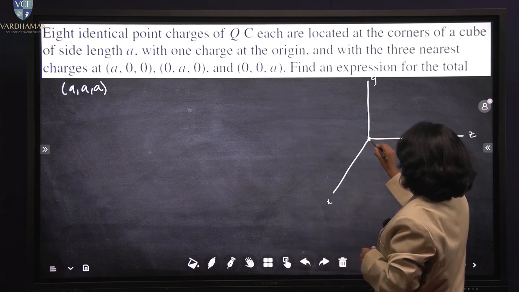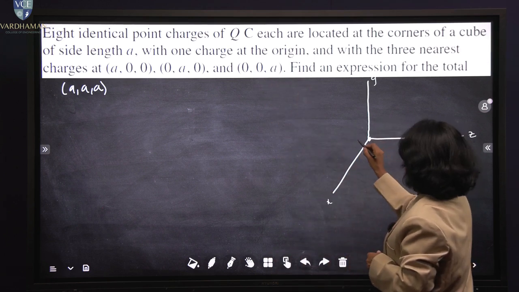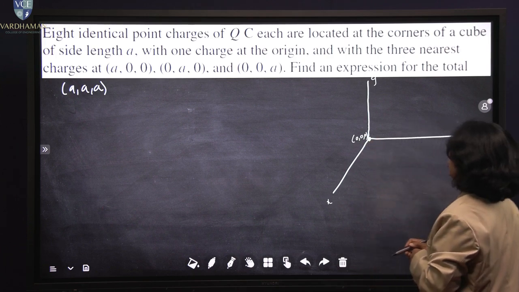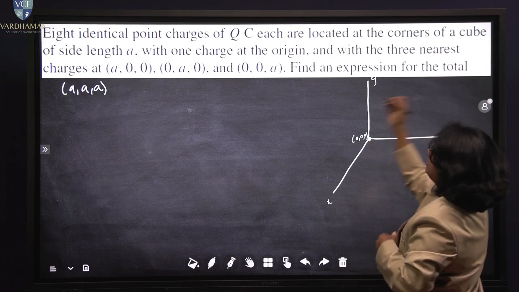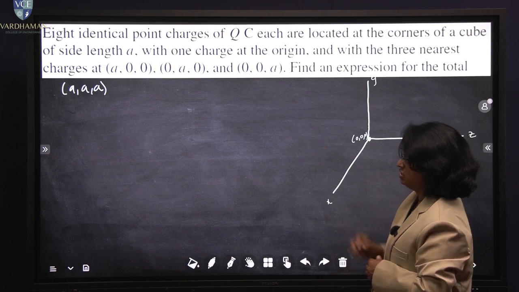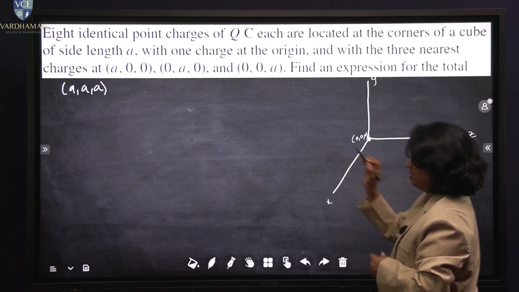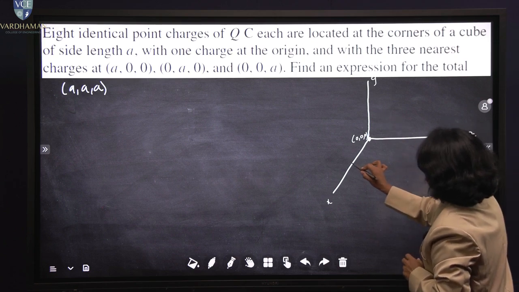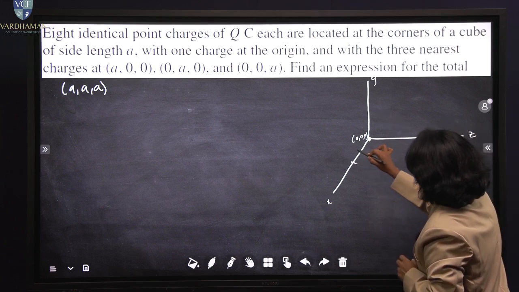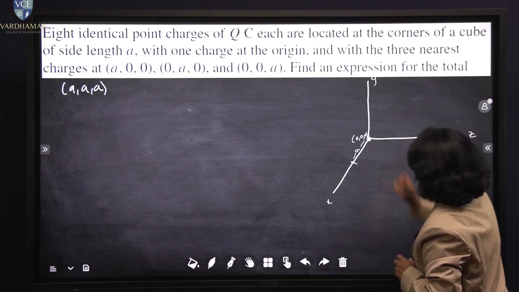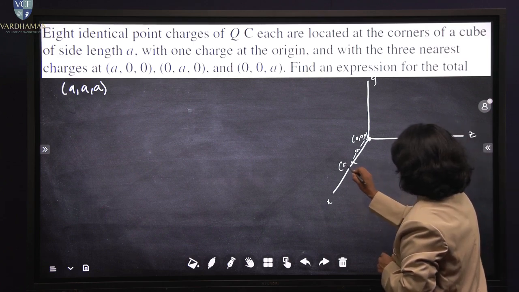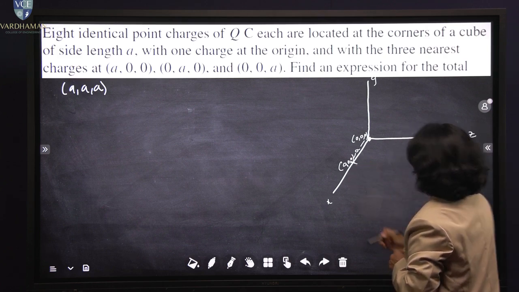So origin being one of the corners of the cube, let me take that as one position. Then the other 3 nearest points are also given, which is A, 0, 0. That means x is A, y and z are 0. This is A dimension along x. So my point becomes A, 0, 0 here.